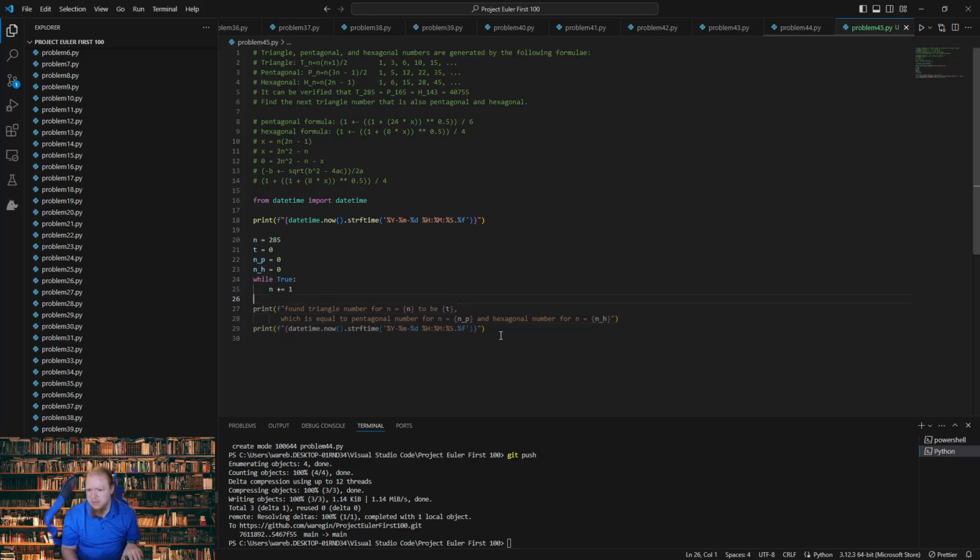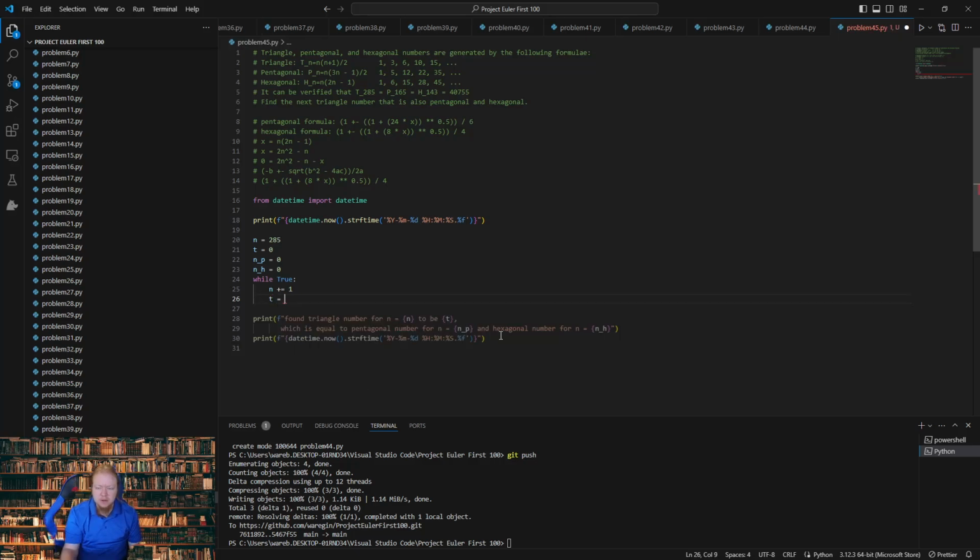I think that I can do that. Okay, so n plus equals 1, t equals, this is our first formula here.